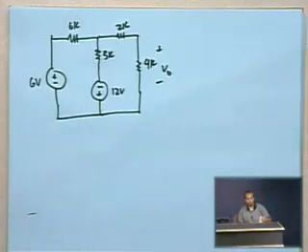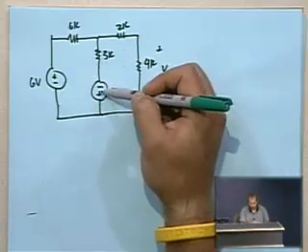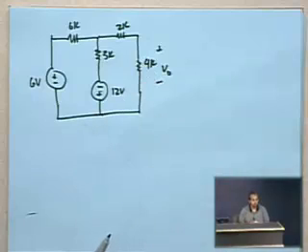Realistically it wouldn't be too bad as a mesh analysis problem. There's no current sources to get in the way, but as a nodal analysis problem, you would have at least one supernode, right? Because somewhere, either here or here, depending on where you put the reference node.